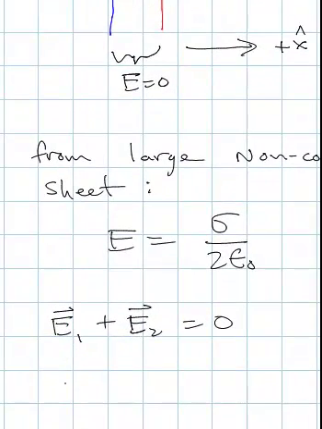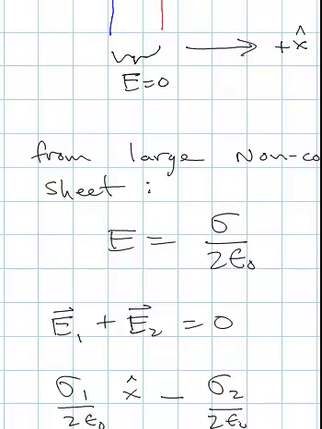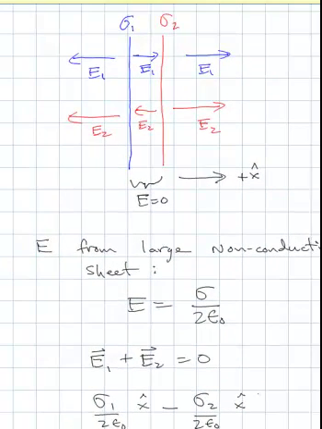And so what is E1? E1 is going to be sigma 1 over 2 epsilon naught. And if sigma 1 is positive, it points to the right. I'm going to put a little x hat here. And I'm going to end up with a minus sigma 2 over 2 epsilon naught. And if sigma 2 is positive, it points in the negative x hat direction. If sigma 2 is negative, it points in the positive x hat direction. So the signs will take care of themselves.